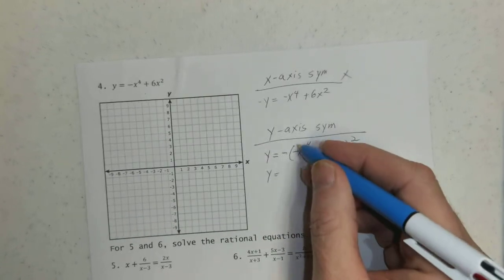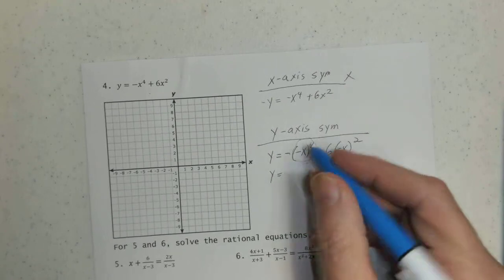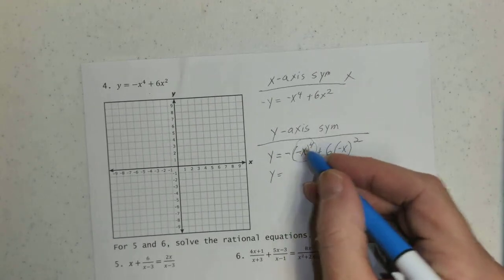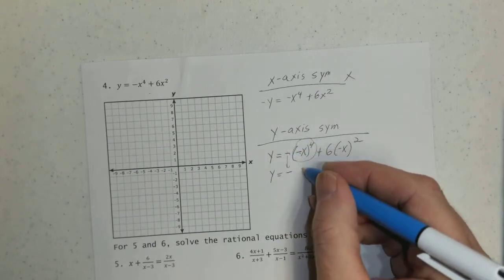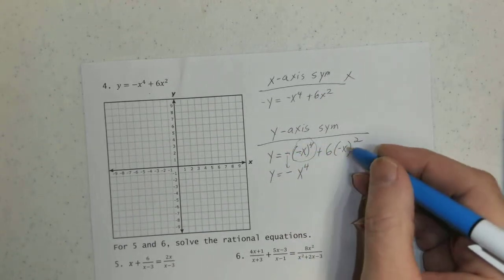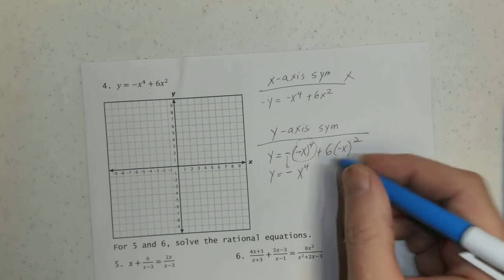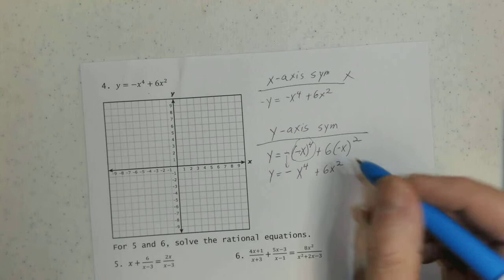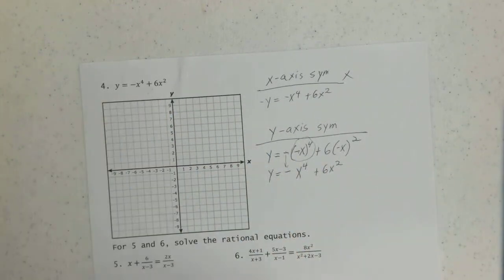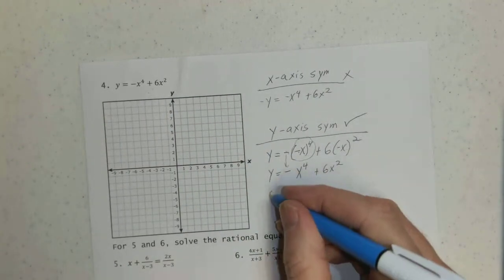This part right here, even power, negative, that's going to be, so this is this negative here. This is x to the fourth. And then negative x to the second power is x squared, so plus 6x squared. I think we've got y-axis symmetry.